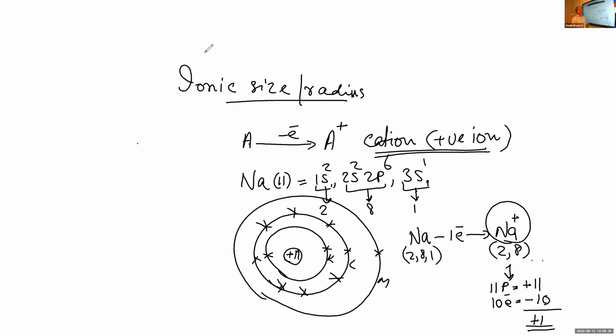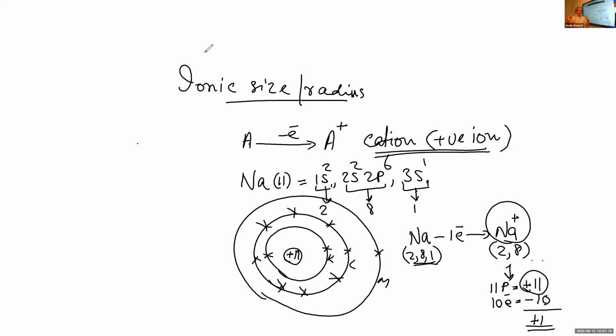So the attraction between the remaining electrons and the nucleus increases. Before the removal of the electron, 11 protons, or 11 positive charge, attracts 11 electrons. But after the removal of an electron, 11 positive charge attracts only 10 electrons.